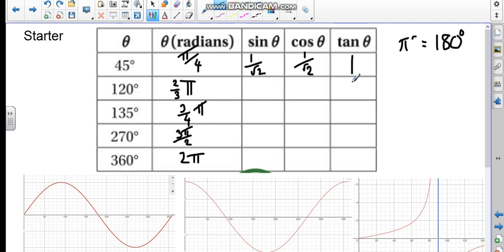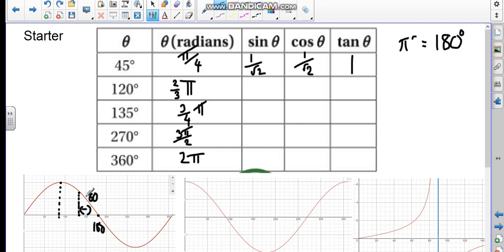Okay, so 120, like we said, isn't one we know necessarily. What we've got to do on our graphs is work out where 120 is. It's around 90s here, so 120 is here. I need to work out the difference between 180 and 120, and that difference is 60.